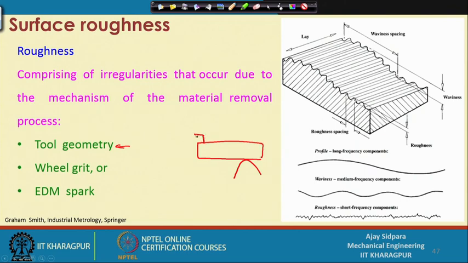So, this is the workpiece and we are turning, rotating it in this direction. If you zoom into this, we are rotating the workpiece in this anti-clockwise direction, and the tool moves in this direction. If you zoom into this area, your tool is actually penetrating inside and this is your workpiece.